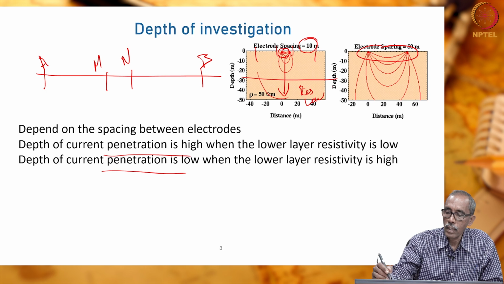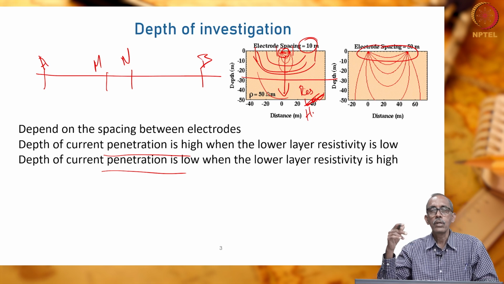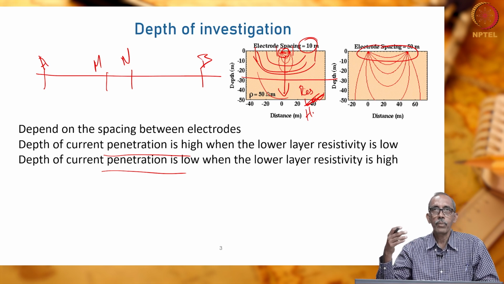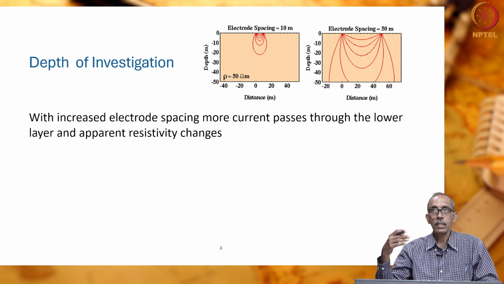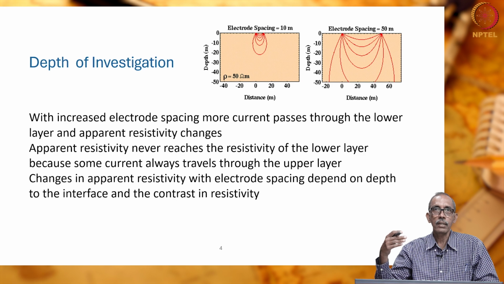When the resistivity of this layer is high, the current will be restricted only to the upper layer, isn't it? So, though we try to understand the depth of investigation by increasing the penetration of current, it also depends on the resistivity of the layers below the surface of the earth. This is how we progressively increase the depth of penetration of current below the surface of the earth.